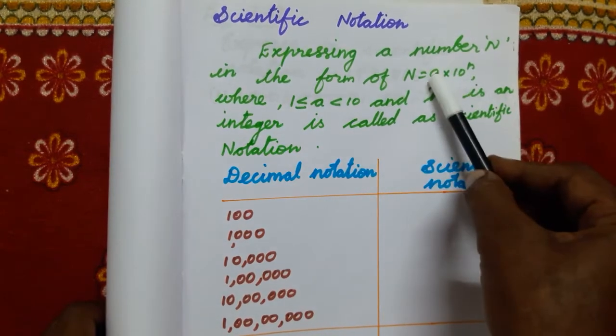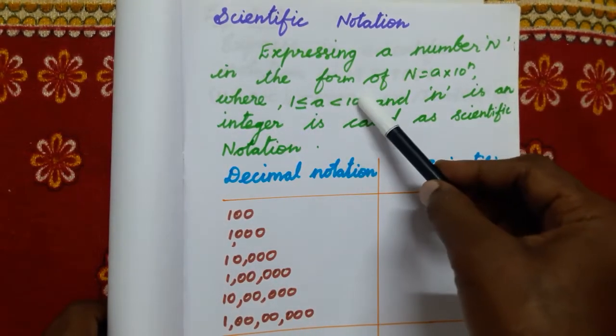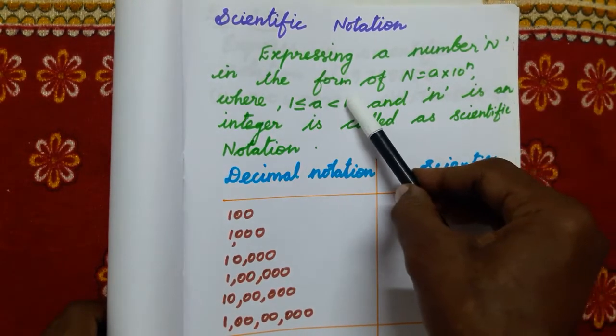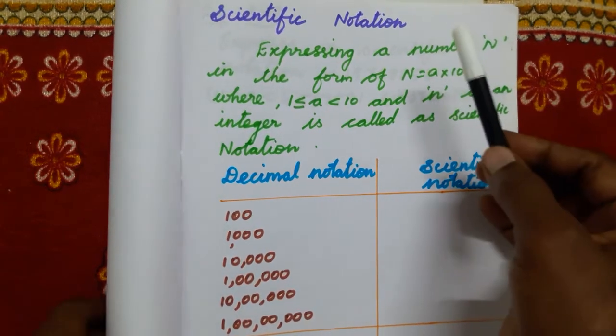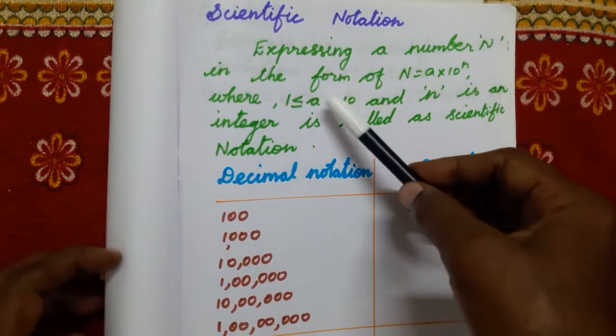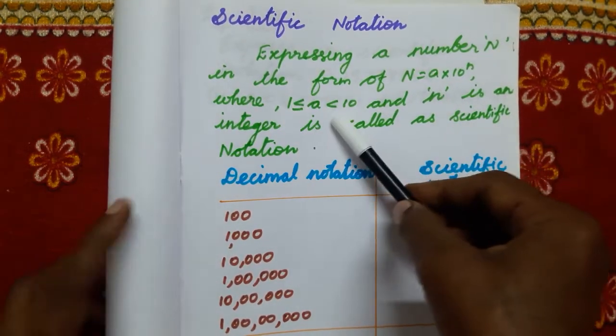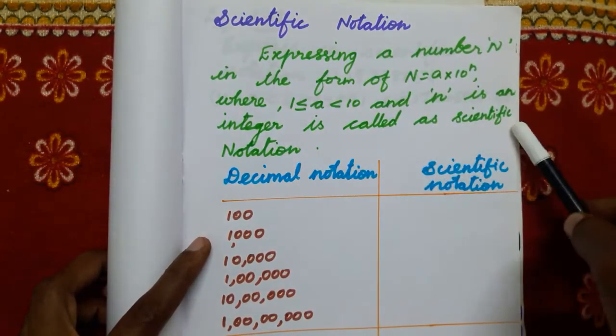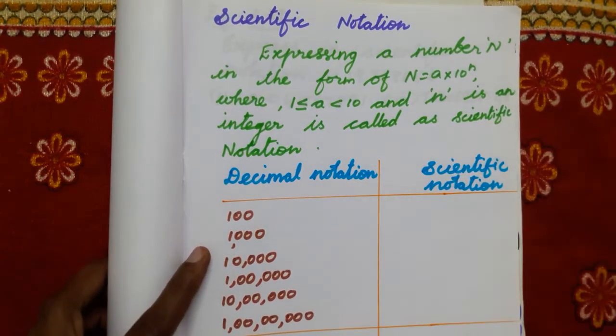The a value should be between 1 and 10; 1 is included, 10 is not included. The a value must be any one number from 1, 2, 3, 4, 5, 6, 7, 8, 9, and n is an integer. This is called scientific notation.